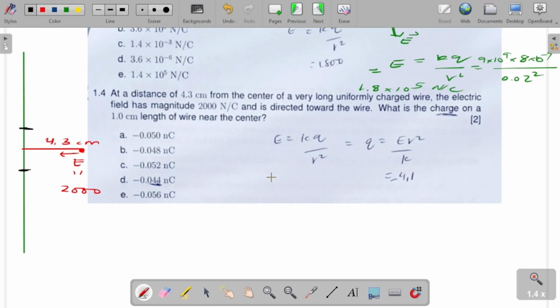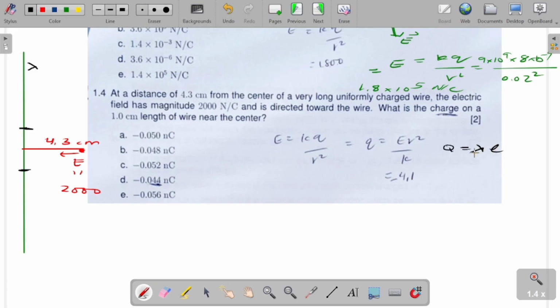There's a formula for charge, especially when we have a wire which has linear charge density lambda. Charge is lambda times the length. So if we are taking 1 centimeter of length, you would multiply your linear charge density with the length.